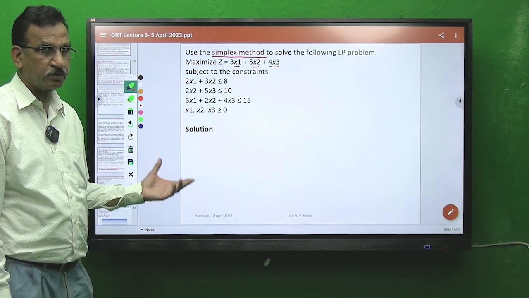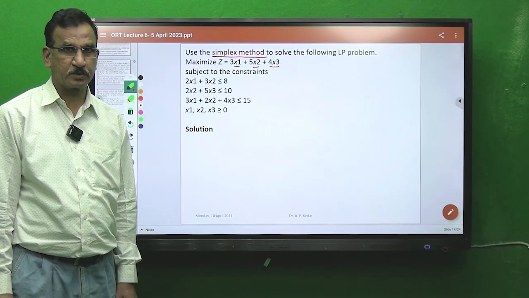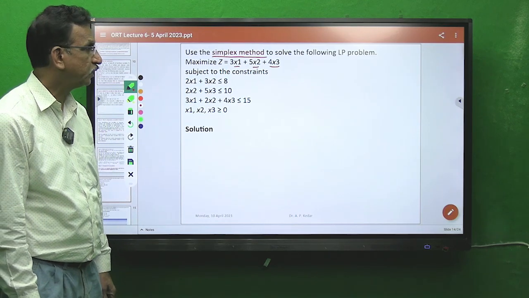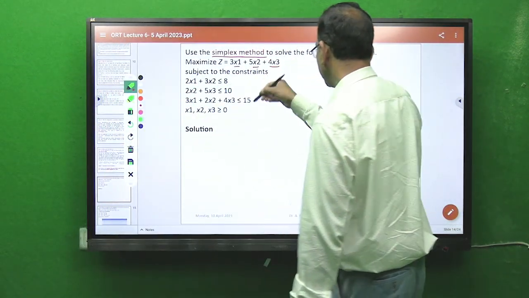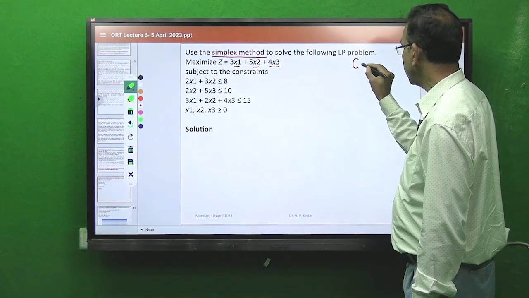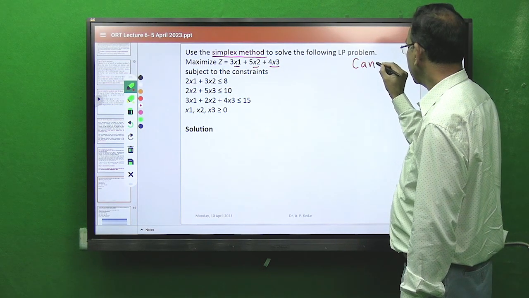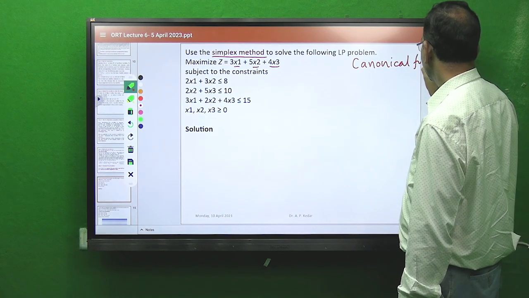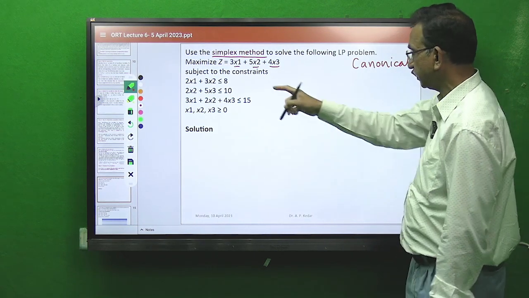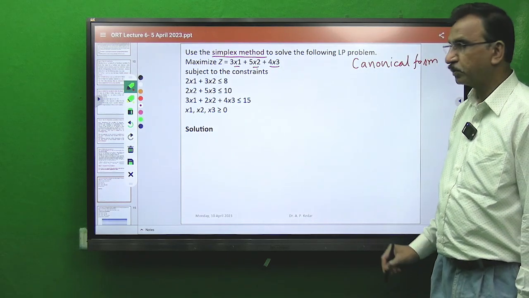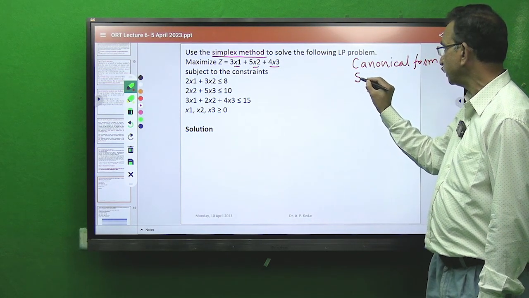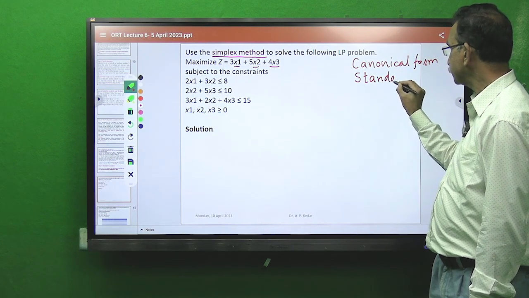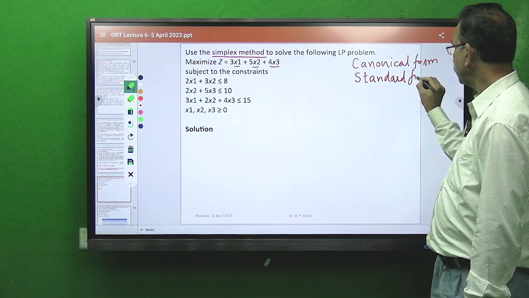So what we have studied under steps in previous lectures is this formulation, which I have discussed is in canonical form. This particular mathematical version is in canonical form. And if you remember, I have said we have to convert this into standard form.